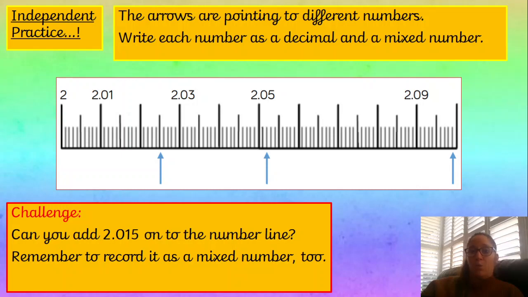If you're at home and you want to rewind to have another look, then that's fine. It's the same number line. The arrows are in different places. Good luck. Come back when you're ready. The answers for this one aren't on the video. They're on the resources under answers, so it's nice and easy for you to find.